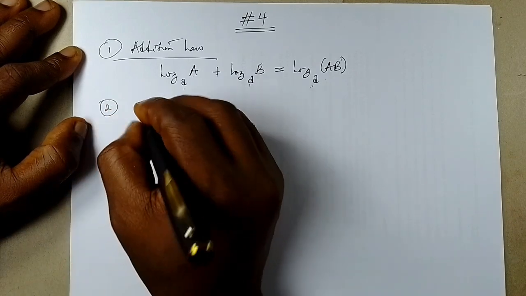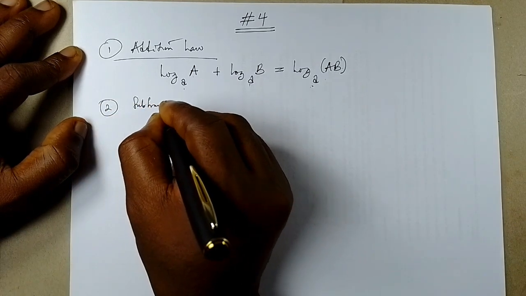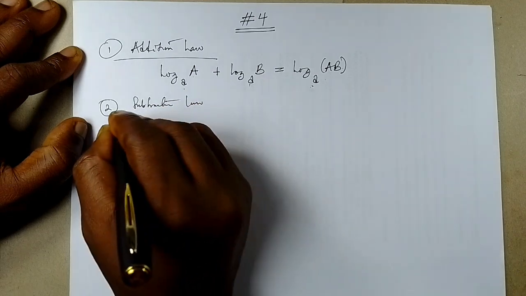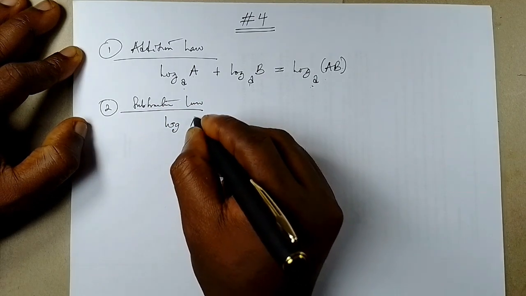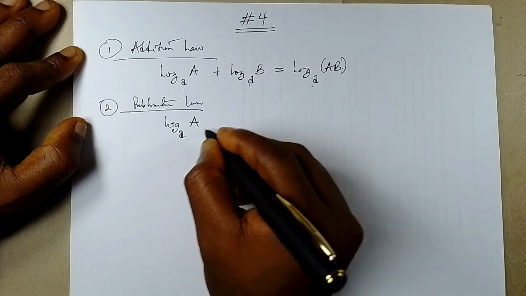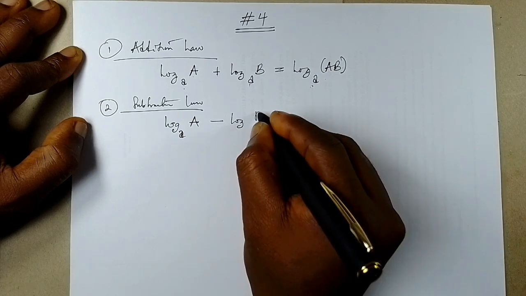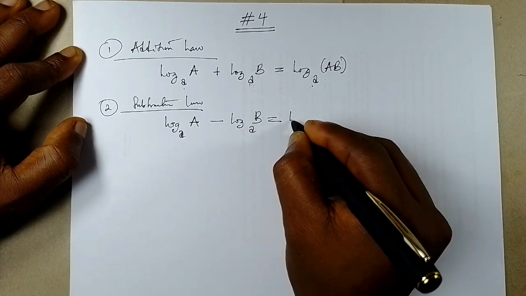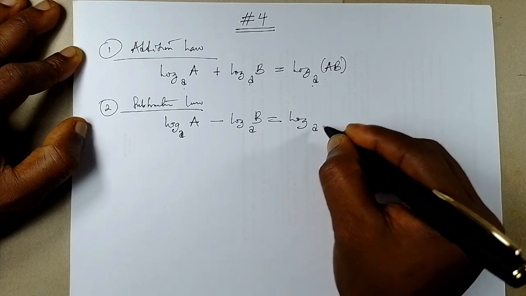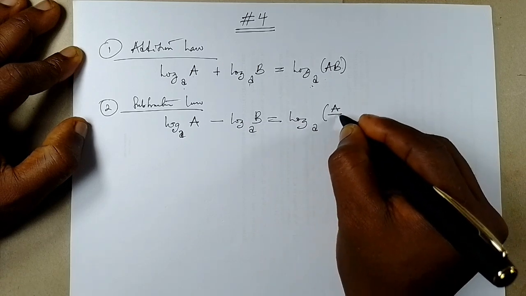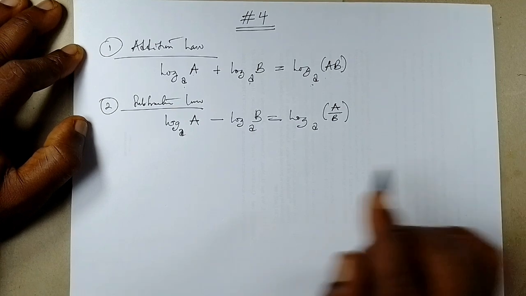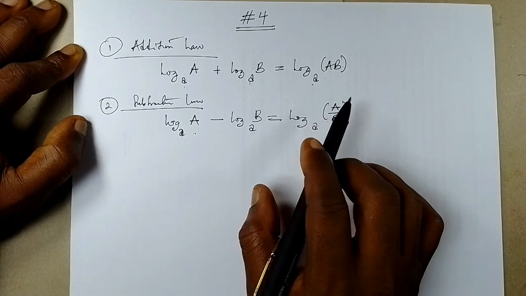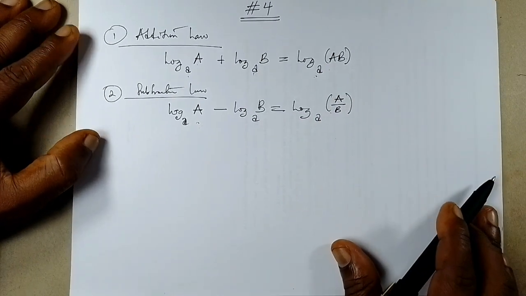Number 2, there is another law you may call the subtraction law of logarithm, and this law simply says that if you have log a in base a minus log b in base a, then your result will be the log of a over b in base a. So this translates to this according to that law.